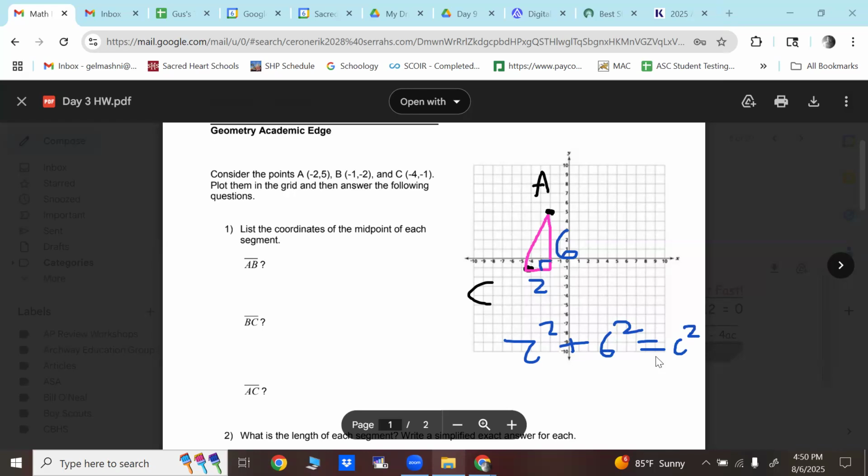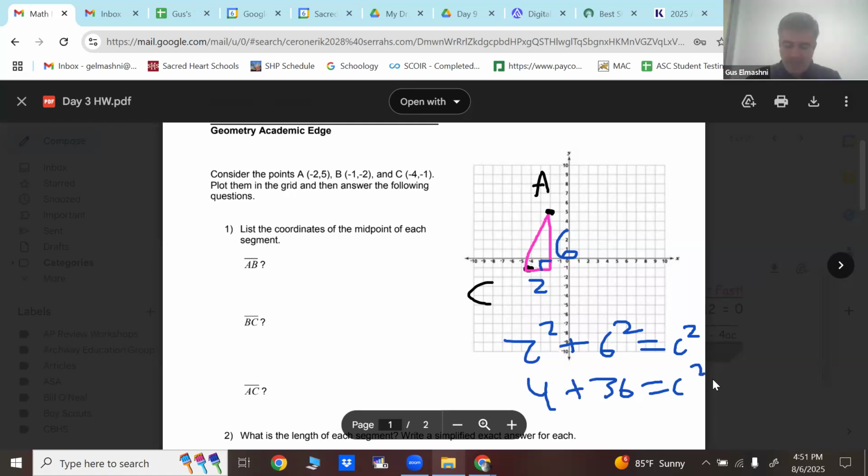So C is 16. 2 squared is 4. Oh, wait. No, C is 40.